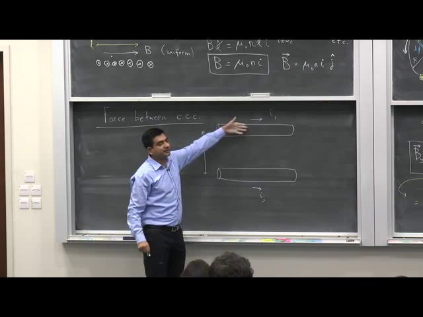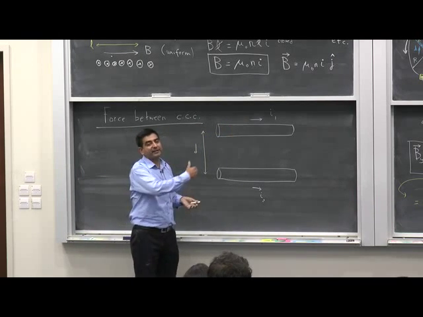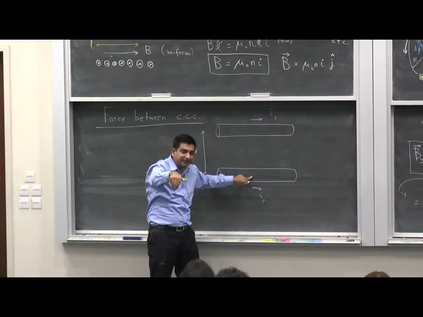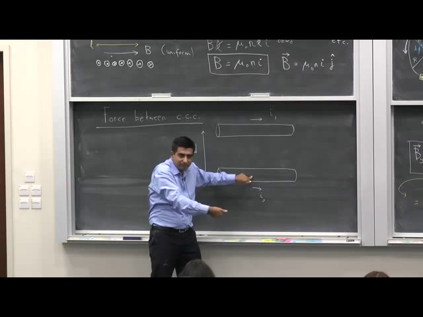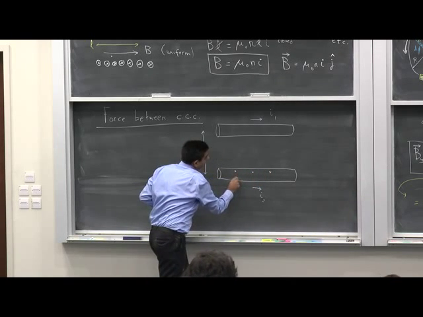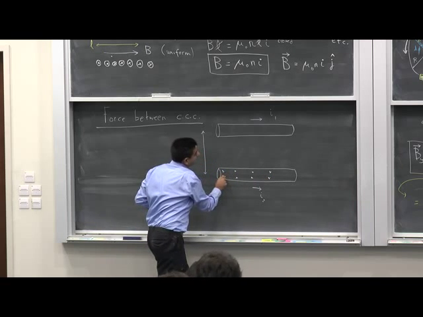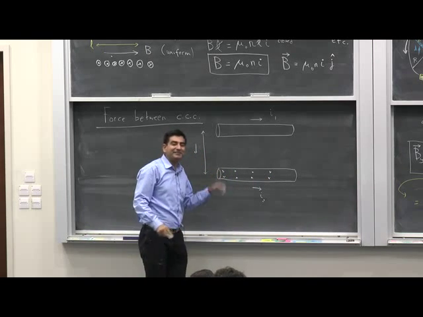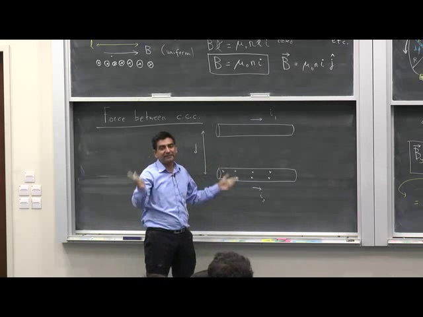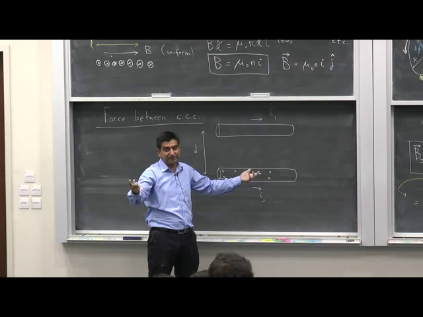Now this current inside this conductor will produce a magnetic field. Now that magnetic field at the location of this conductor is going to point into the plane of the blackboard. It's going to point inwards. How much is that magnetic field? If this were thin, then that magnetic field can easily be found by Ampere's law.